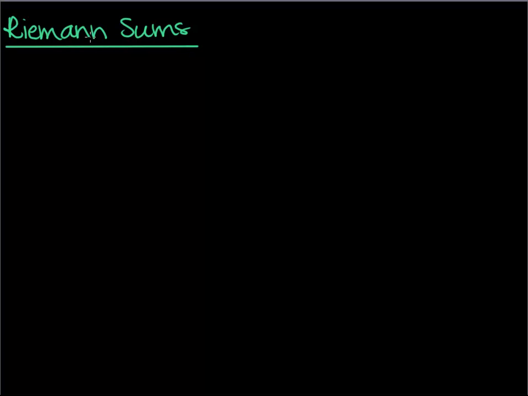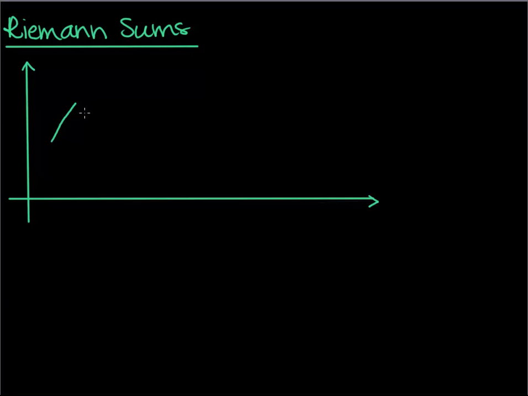So we're going to come back to this area problem again. Basically we're going to talk about maybe how this area problem even happened, and what this Riemann sum is, and what it has to do with the definite integral. So again, I'd like that to be a different color. I'm going to have some function. Maybe it does something like this.